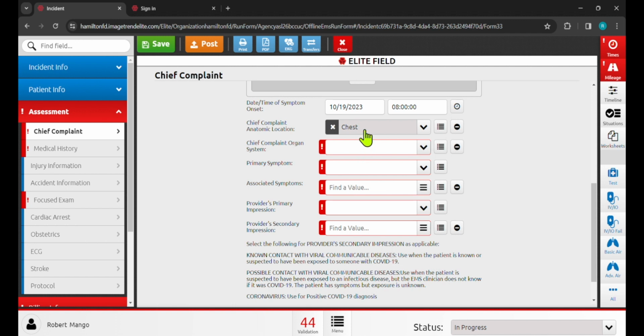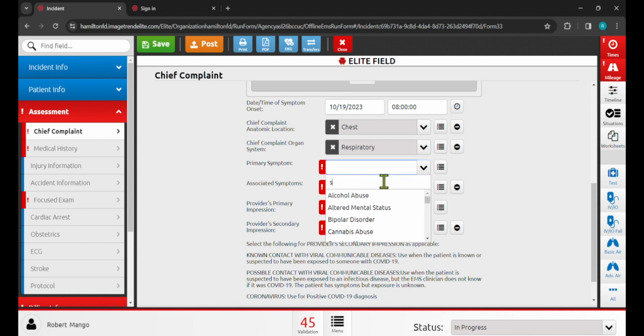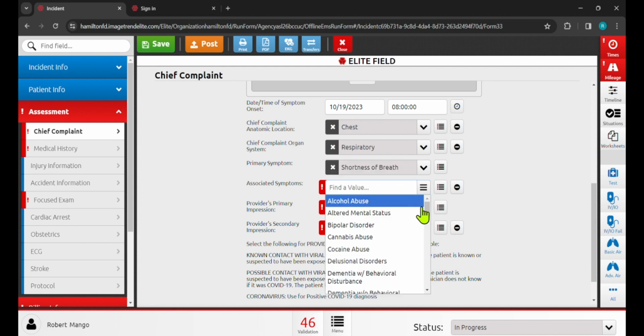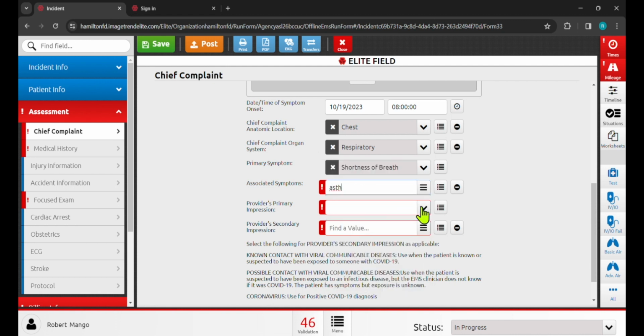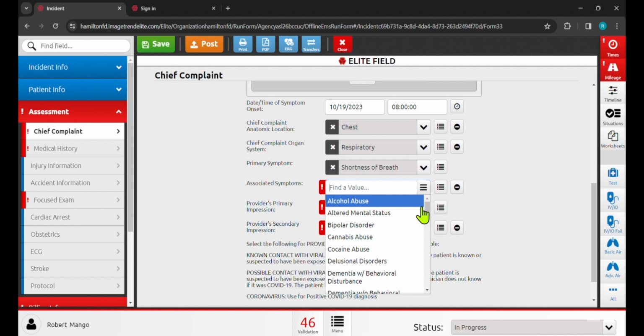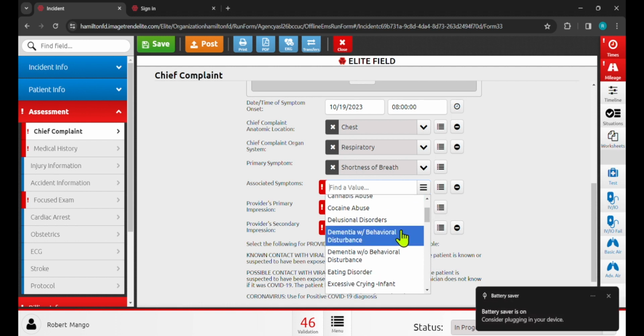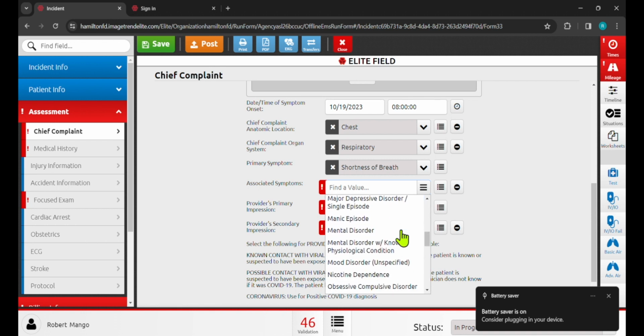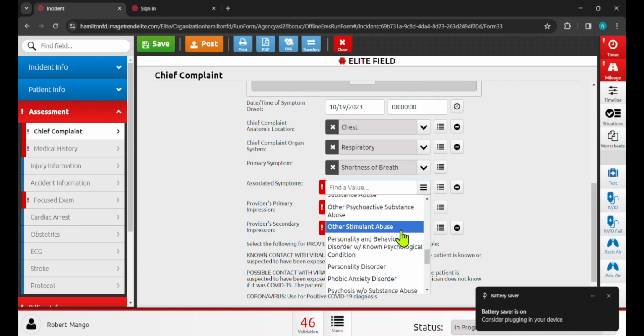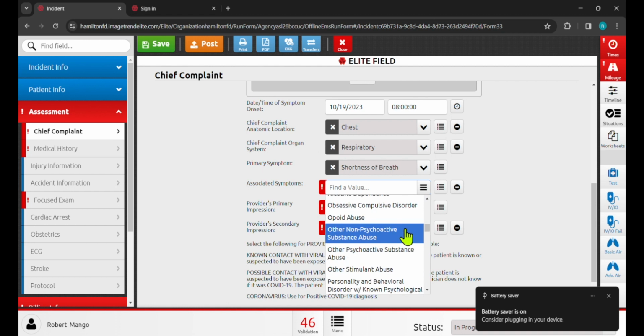It's in my chest, and it is a respiratory issue. What is the symptom? Some of these you can kind of piggyback to make it more complete. I do believe, if there was something else respiratory in here, shortness of breath could be a lot of things.